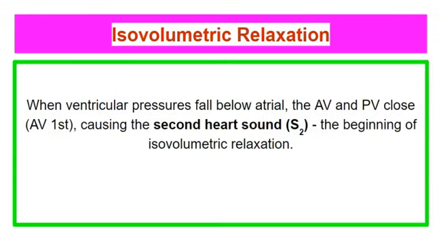So after reduced ejection, we come to isovolumic relaxation. When the ventricular pressures fall below the outflow pressures, the aortic valve and pulmonic valve close. The aortic valve actually does that first, causing the second heart sound. The beginning of isovolumic relaxation happens.